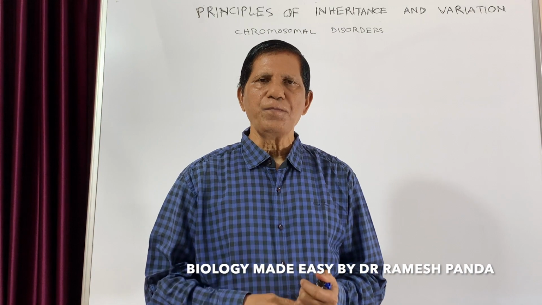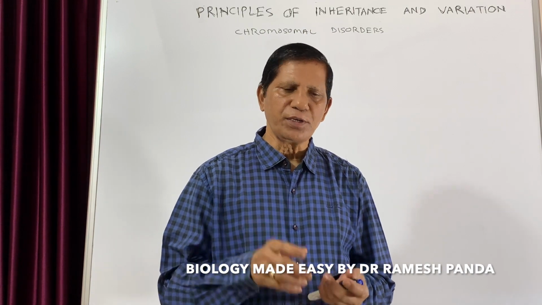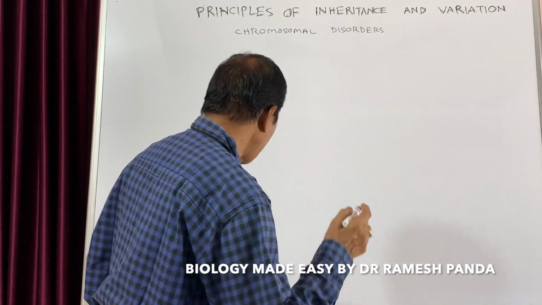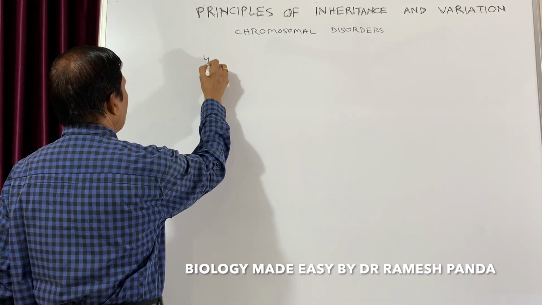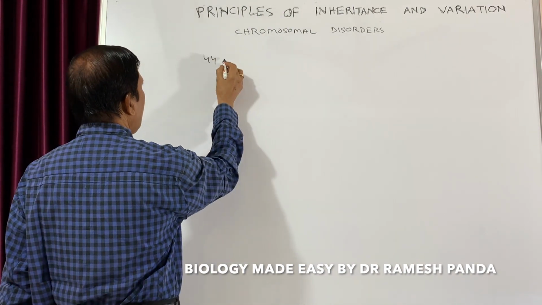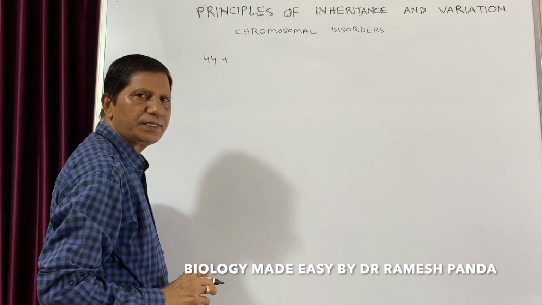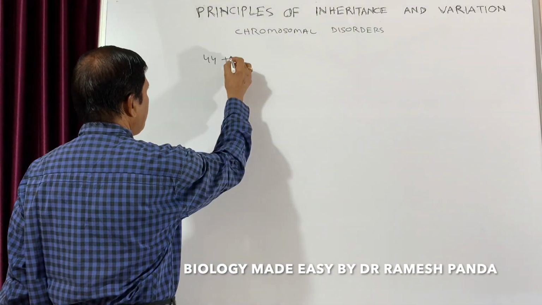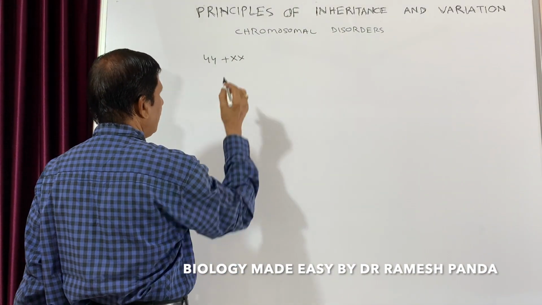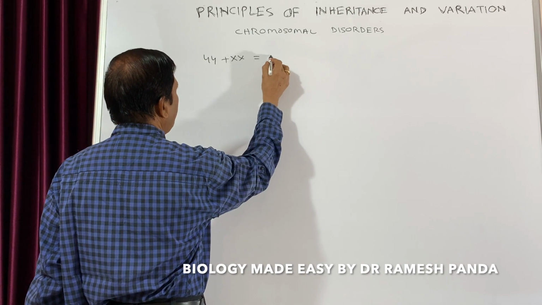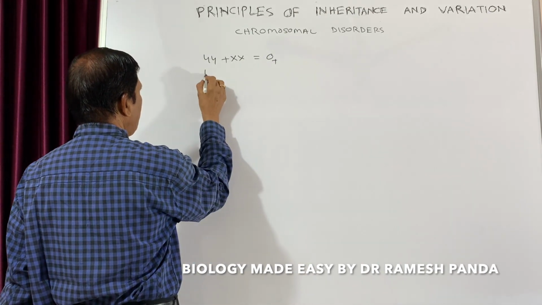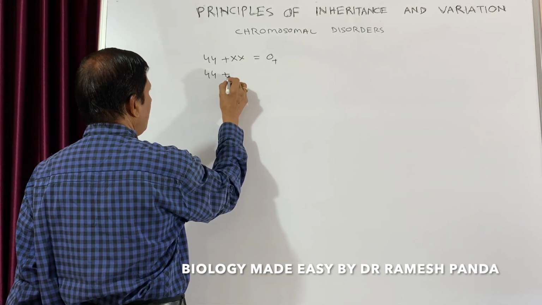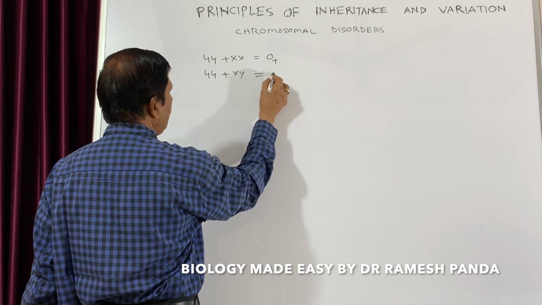All of you know that the human being has 46 chromosomes, out of which there are 44 autosomes and 2 sex chromosomes. If these sex chromosomes are 2X, then it will be female. And if it is 44 plus X and Y, then it will be male.